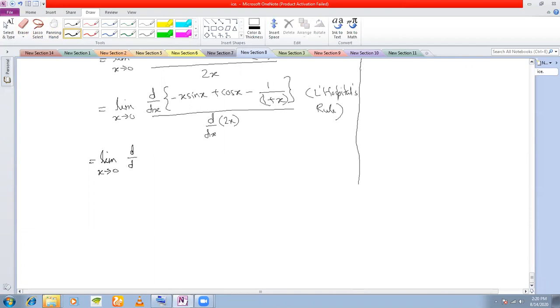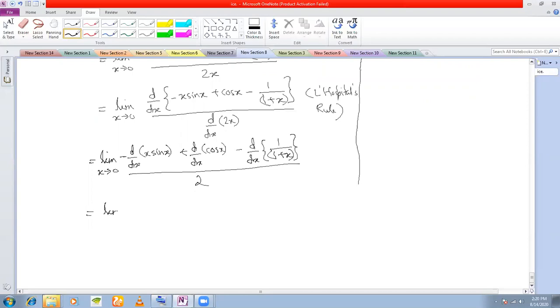Minus d/dx of x sine x plus d/dx cos x minus d/dx of 1 by 1 plus x, whole divided by d/dx of 2x, which you know is 2.